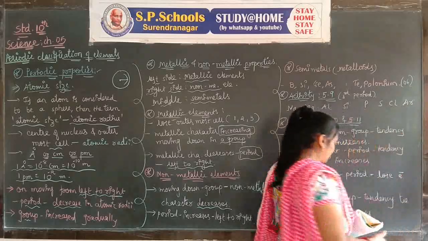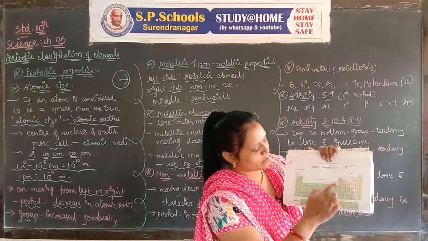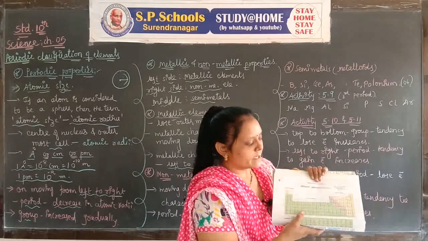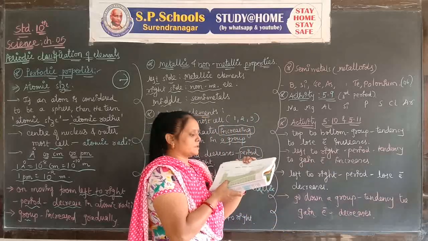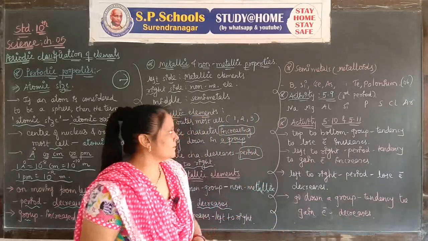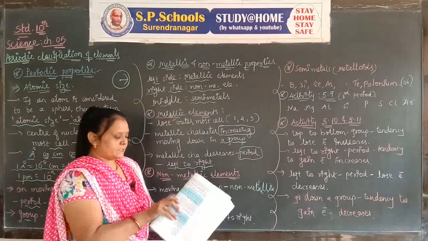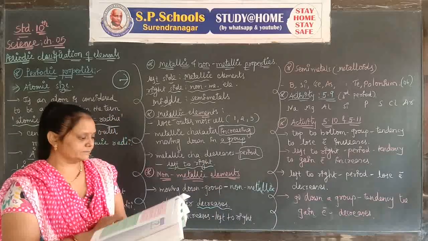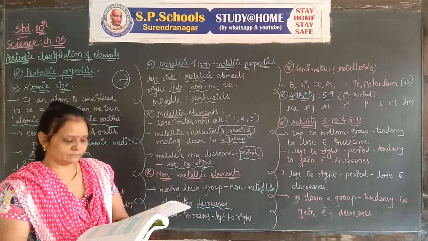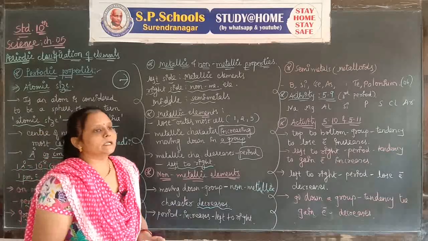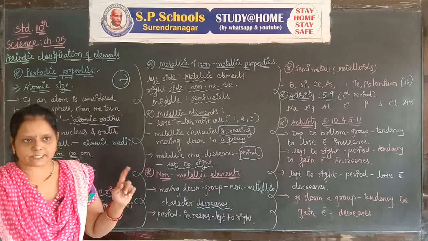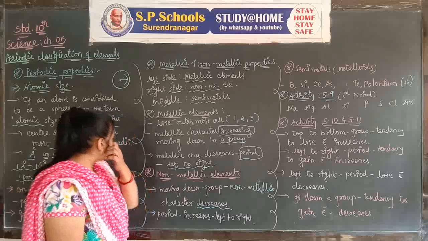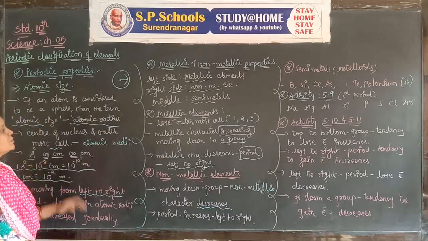Let's see again here. Boron, silicon, germanium, arsenic, tellurium and polonium can be seen in the case of semi-metals. Let's take activity number 5.9. Activity numbers 5.7 and 5.8 are based on periodic properties, so you have to learn them.